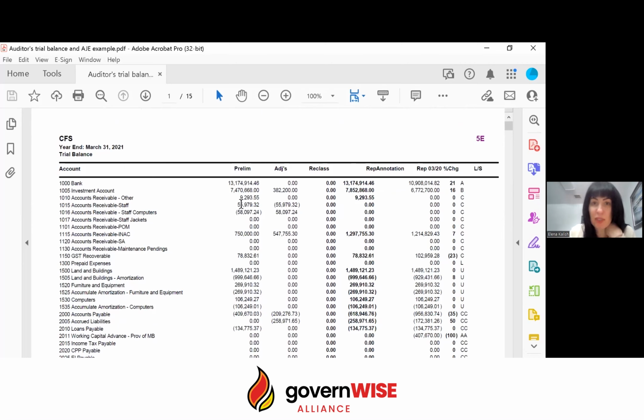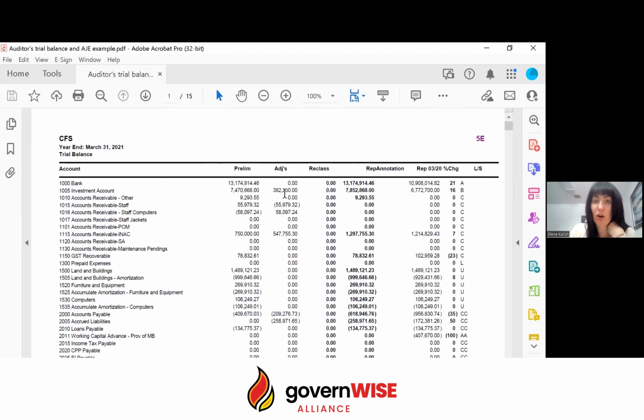Those are the numbers they got from our system, right? So once they get those numbers from our system, remember, we can't post anything else into our system. Otherwise, we're going to have differences and spend a lot of time trying to adjust. Okay, so those are numbers from our system.